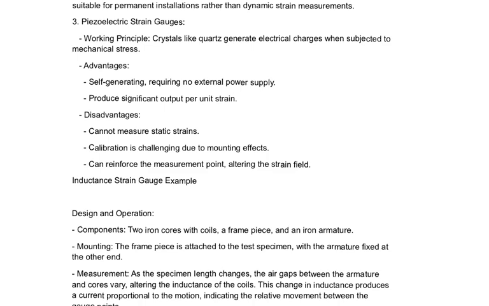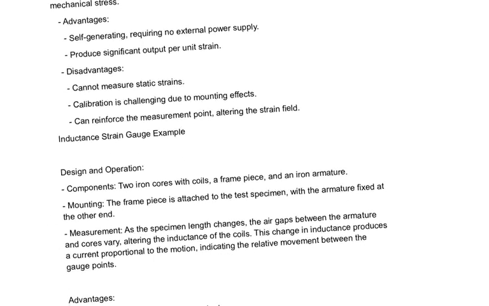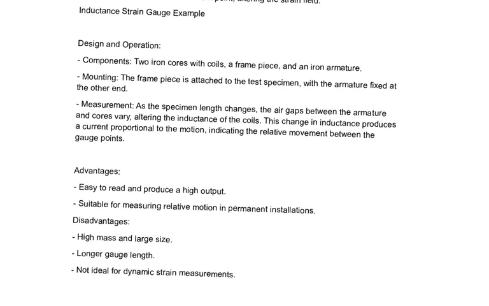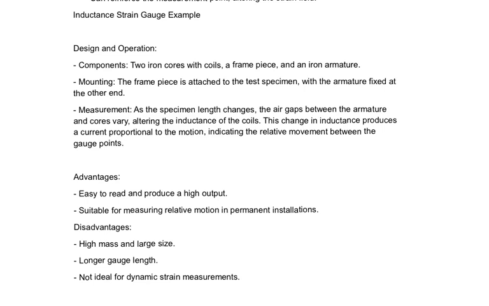The inductance strain gauge is an example. How does it work? The components required for the inductance strain gauge are two iron cores with a coil, a frame piece, and an iron armature. For mounting, the frame piece is attached to the test specimen with the armature fixed at the other end. During measurement, as the specimen length changes, the air gap between the armature and core varies, altering the inductance of the coil.